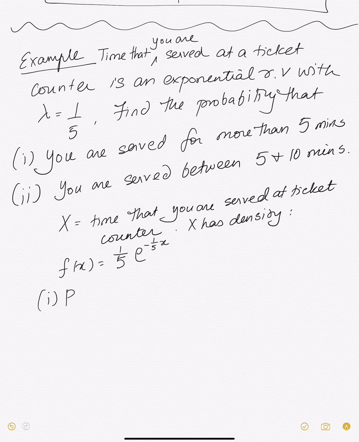All right, so what do we want? Part 1, we want the probability that x is bigger than 5. So what will that be? That'll be the integral from 5 to infinity of the density. We don't have to do anything with the interval because throughout the interval from 5 to infinity, the density is non-zero.